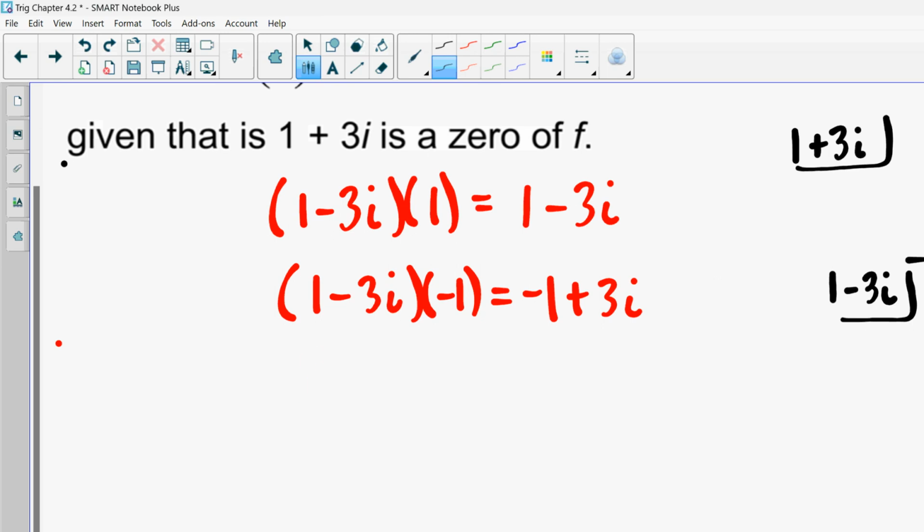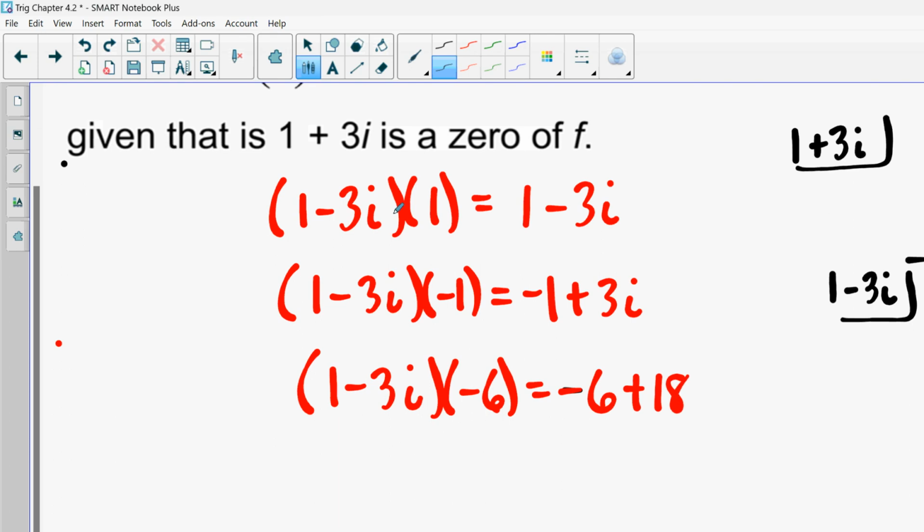So now we need to do 1 minus 3i times negative 6. 1 times negative 6 is negative 6. Negative 3i times negative 6 is plus 18i. 6 plus negative 6 is 0. Negative 18i plus 18i is 0.